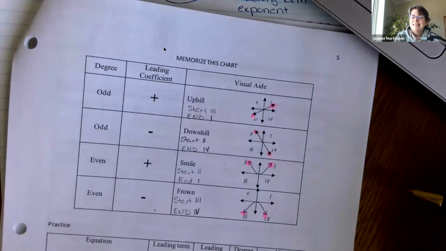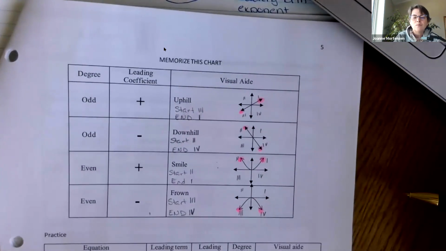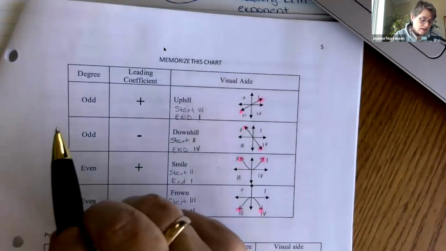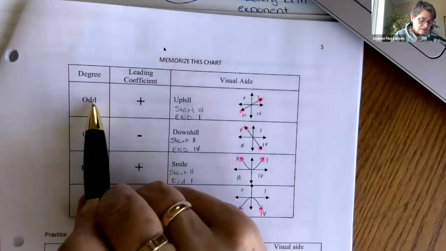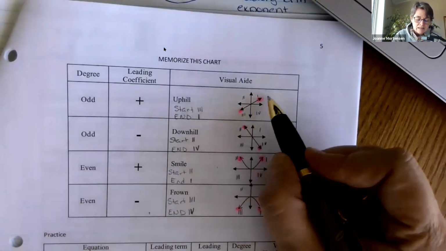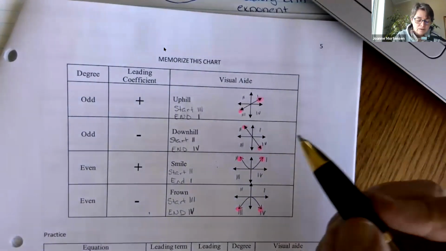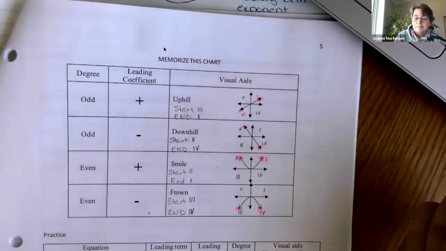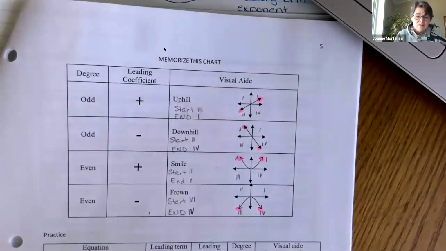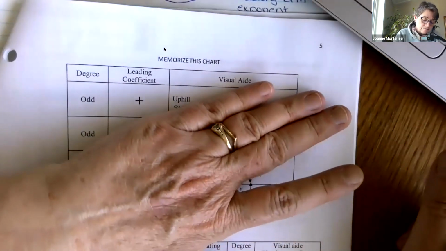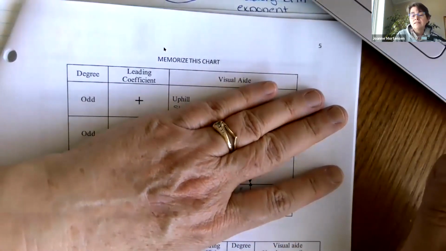So I think what might be confusing people is the whole visual aid thing, but it's the only way I can remember this stuff. If my degree is odd and my leading coefficient is positive, it's the same as a line that goes uphill. So that means I'm going to start in 3 and I'm going to end in 1. But what I remember is odd positive is uphill. I don't remember any of that stuff.